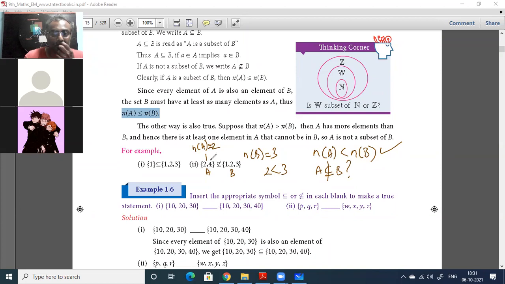Because the elements are fewer? Yes, there are only 2 elements in A and 3 elements in B. So A can be a subset of B. B is bigger than A. Then why is A not a subset of B? Nobody answering? You should have immediately told me.